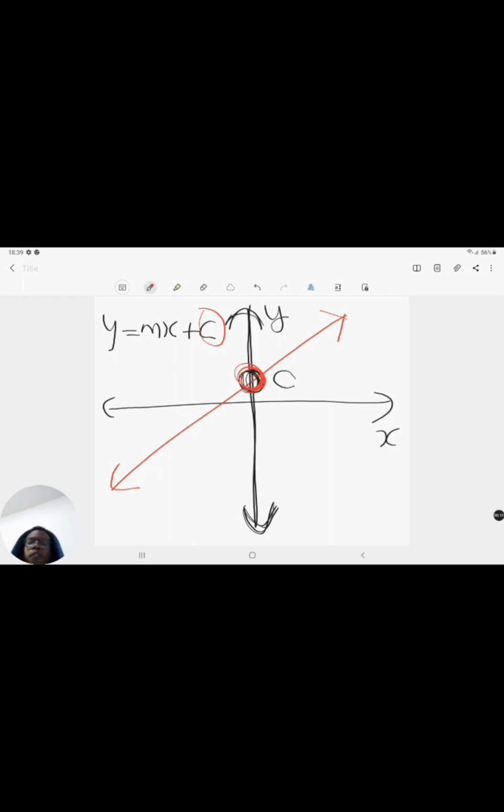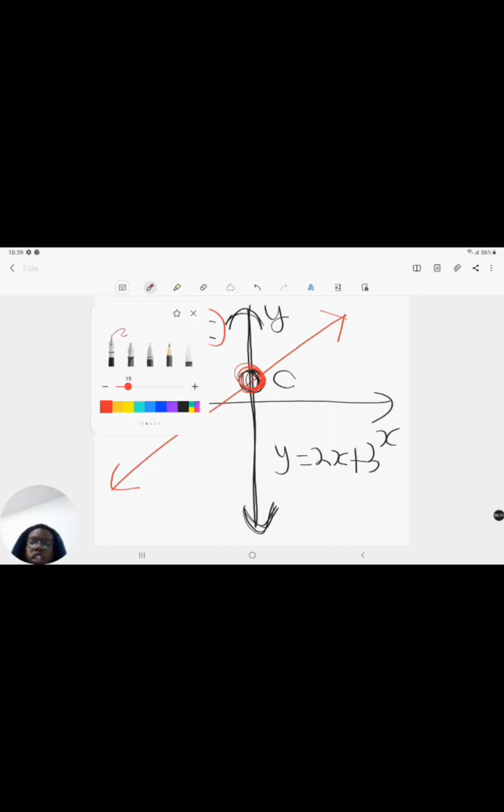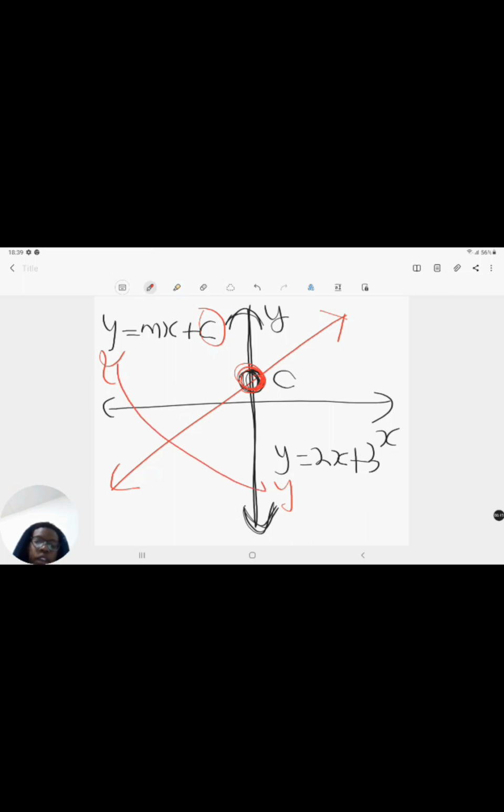Okay, so let's say for instance you have an equation. Before I describe the gradient, let's say you've got y equals 2x plus 3. If you look at this equation and relate it to the standard form, y is y, so these two y's are the same thing. m is 2.